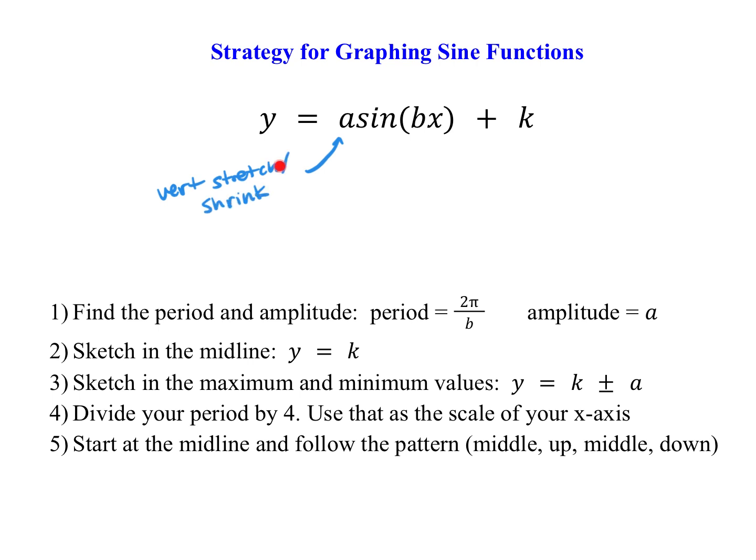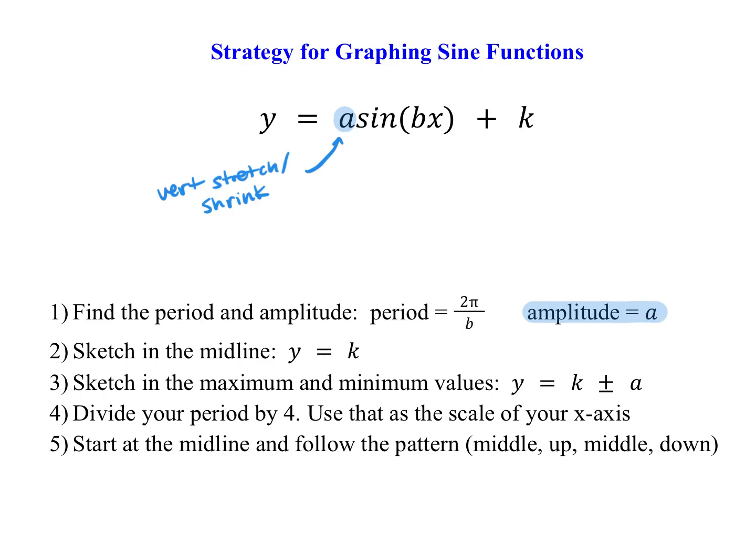Now, if you think about what a vertical stretch or shrink would affect, that's going to affect your amplitude. So the amplitude of our function is whatever a is. If there's a negative out front, that's a different thing. The amplitude's always positive. So whatever a is will be the amplitude.